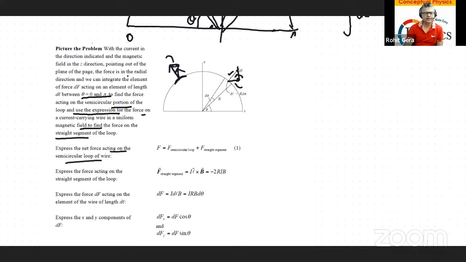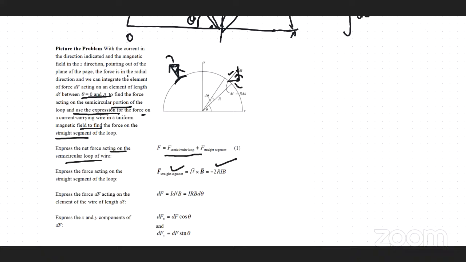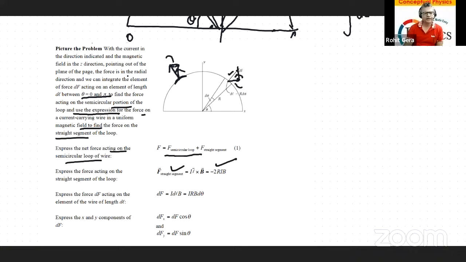So if you write this semicircular part, the straight wire is this, IL cross B. Right? And you can just write it as dF is equal to, now notice the other part, which is your semicircular loop.